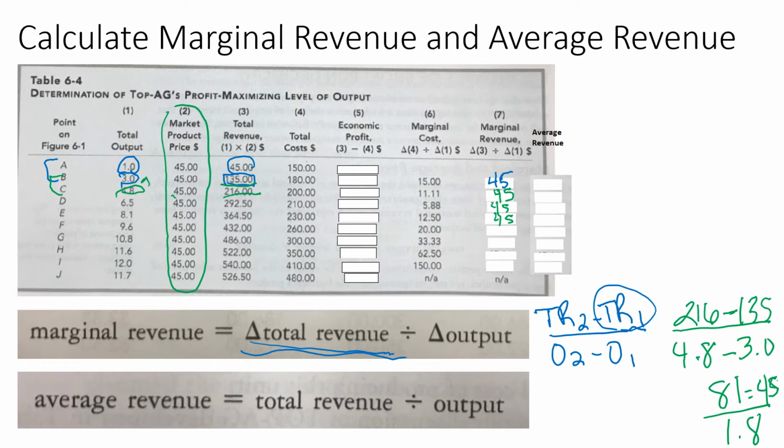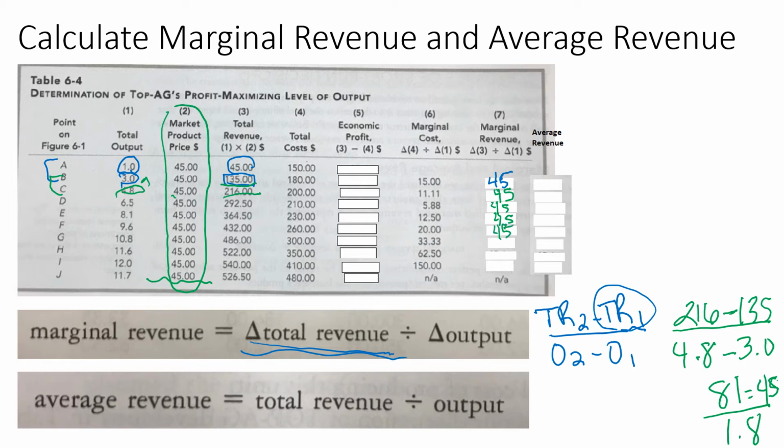This is only the case because we're operating in a perfectly competitive market, which we talked about at the beginning of chapter 6, which just means that producers are price takers, and the more or less that one firm or one business produces doesn't influence the market price. When we start to talk about scenarios that are not in perfectly competitive markets, the product market price will change with the more or less that is produced by that single firm. So in this case, these are going to be the same, okay?